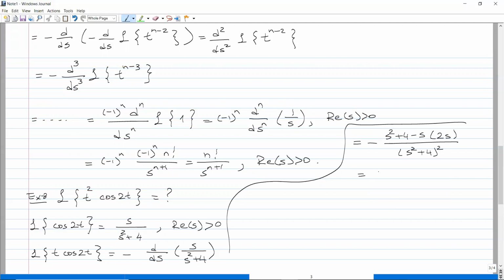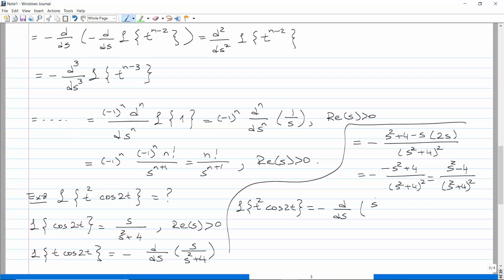So minus s squared plus 4 minus 2s squared over s squared plus 4 squared, or s squared minus 4 over s squared plus 4 squared. And now if you multiply with another t, we have minus the derivative with respect to s of this function.